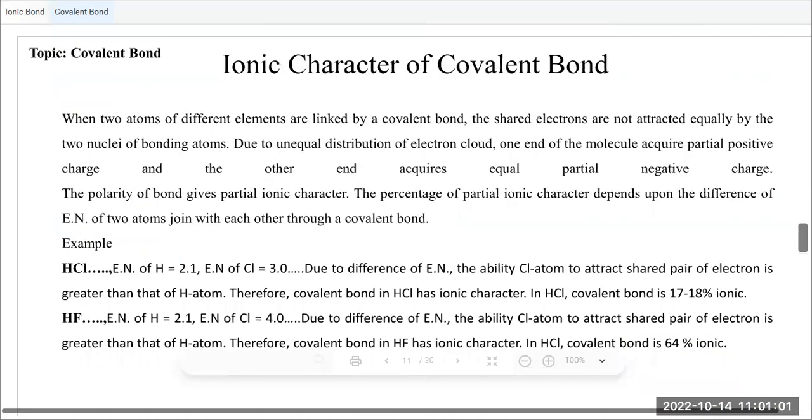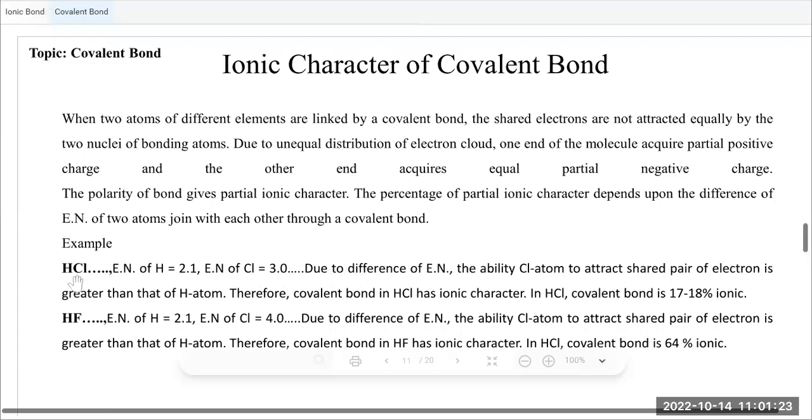The ionic character of a covalent bond is another concept, in which you have a covalent bond between two atoms which have different electronegativity, like HCl, like HF. Hydrogen has an electronegativity of 2.1, whereas chlorine has 3.0, so there is a 0.9 electronegativity difference.